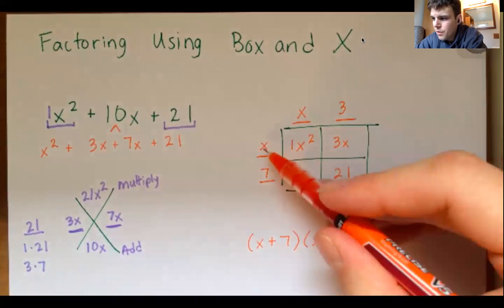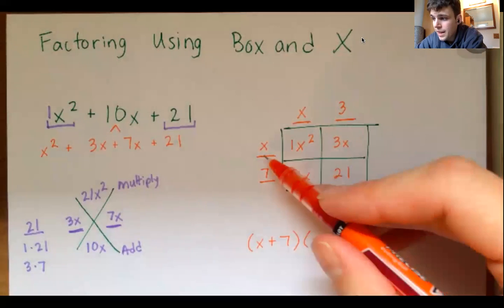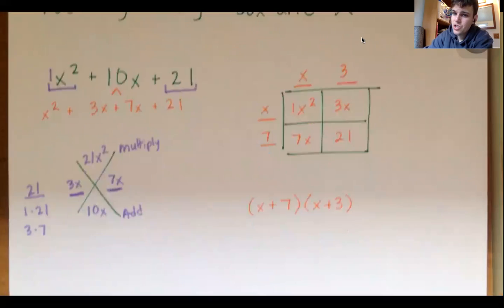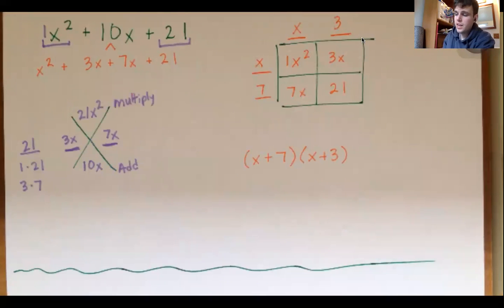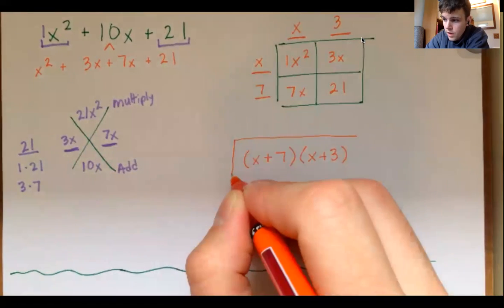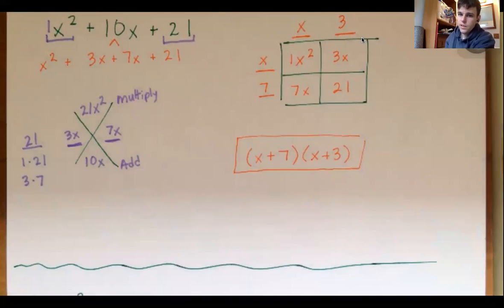And notice that if I were to try to multiply these back out, I would get exactly what's in the box. And I can show that by checking it. But if factoring is our only goal, this is our answer. These are the 2 binomial factors.